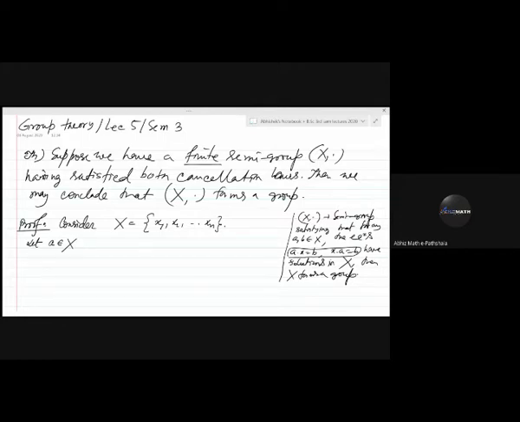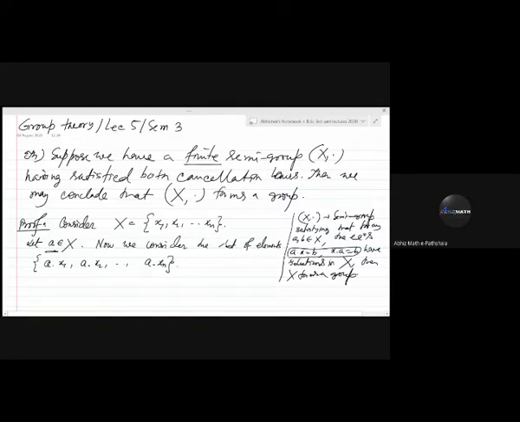Now we consider the set of elements comprising the elements of X composed with this a, that means a·x1, a·x2, ..., a·xn.